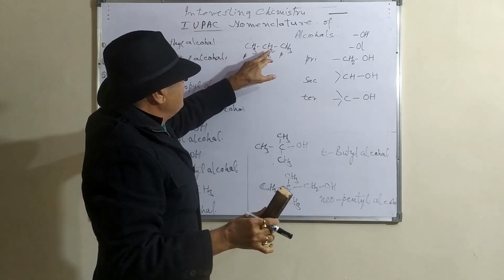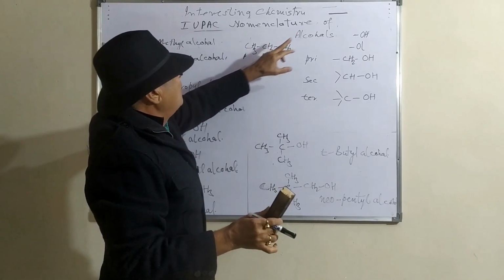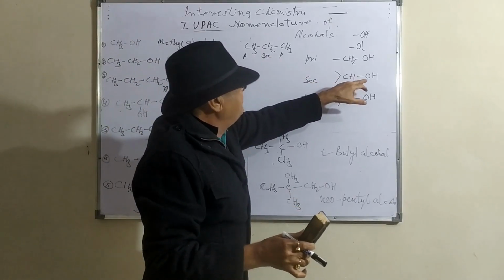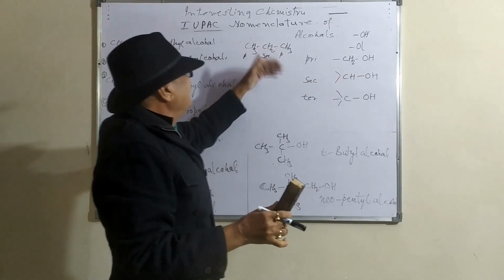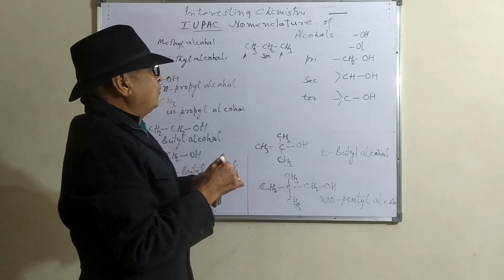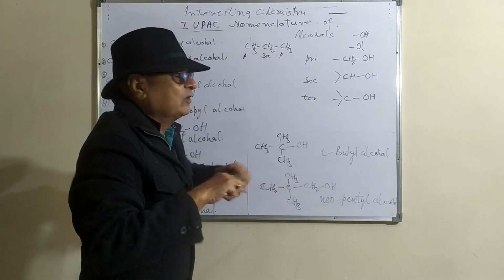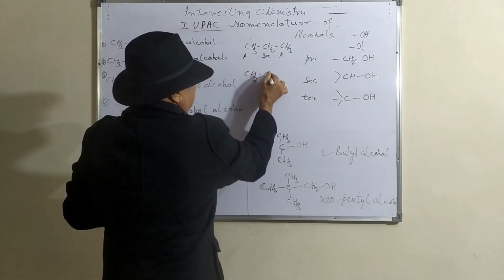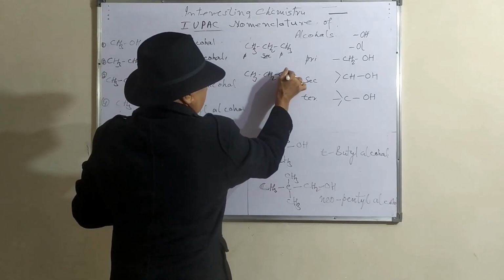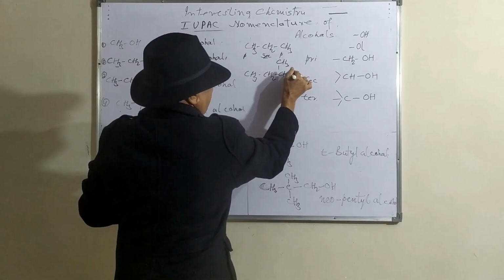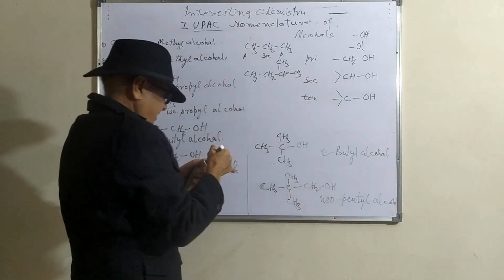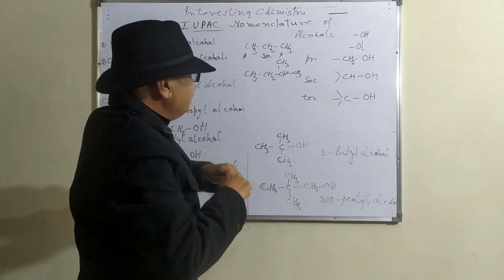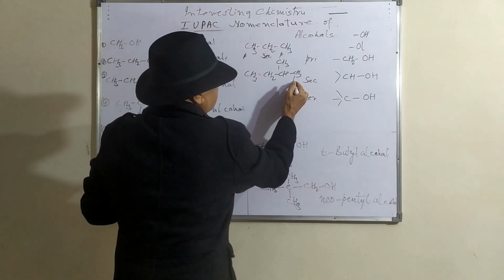And when this hydrogen is replaced by OH group, the CHOH will be secondary alcohol. Now for the tertiary alcohol, here you can write CH3, CH2, CH, CH3 and CH3. In this way we classify all the carbons.